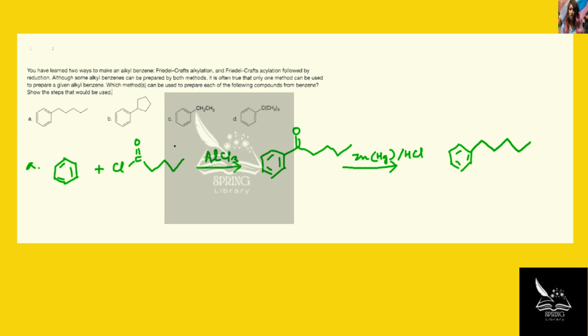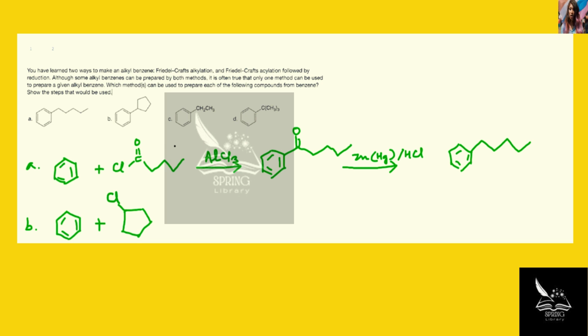In case of B, there is no problem of rearrangement. So directly we can perform the alkylation using alkyl halide and benzene ring. So here the alkyl halide should be a 5-membered ring first, and 1 chlorine must be attached to here.